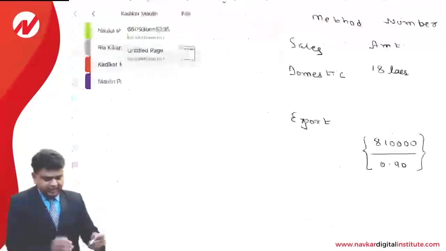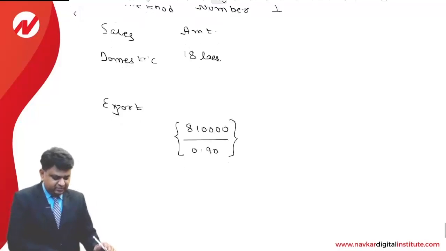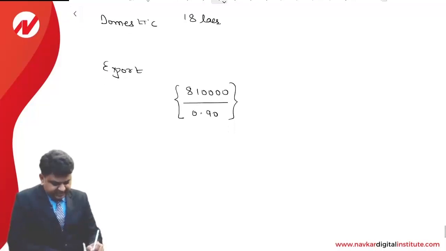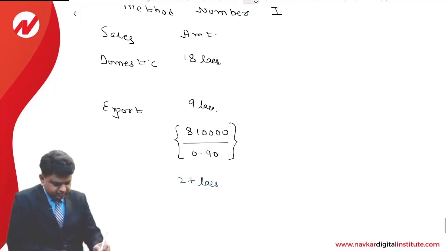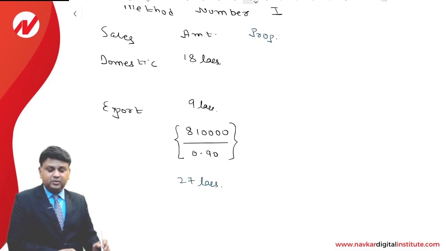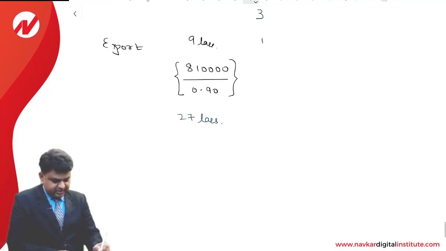So we can gross up to compute what is the equivalent sales value. That is an amount of 9 lakhs. So the total comes to 27 lakhs. Proportion: 18 upon 27, that comes to 2 by 3. 9 upon 27, that comes to 1 by 3.